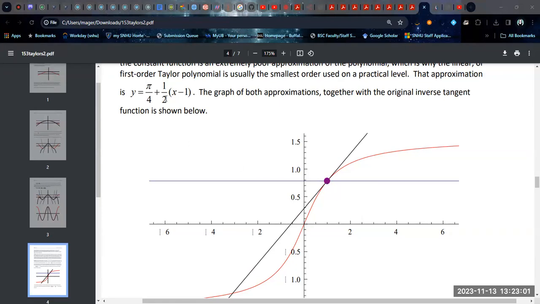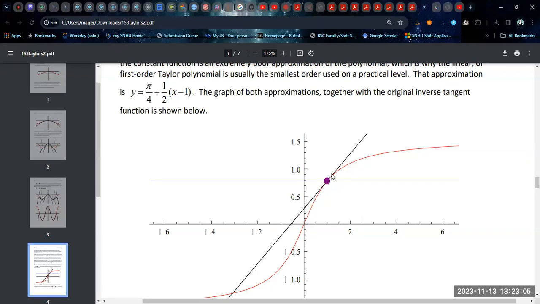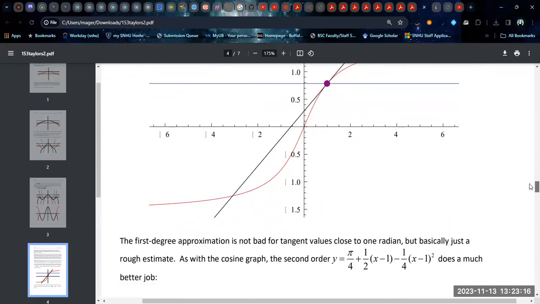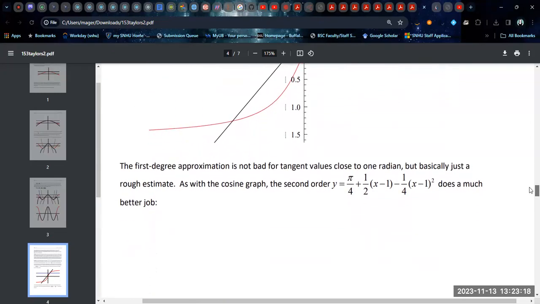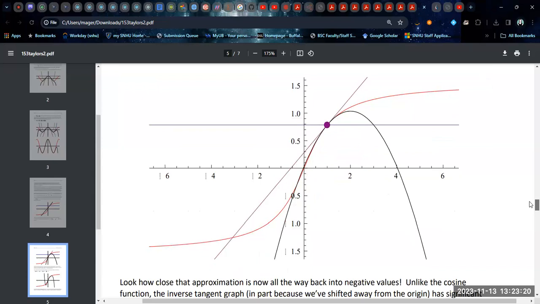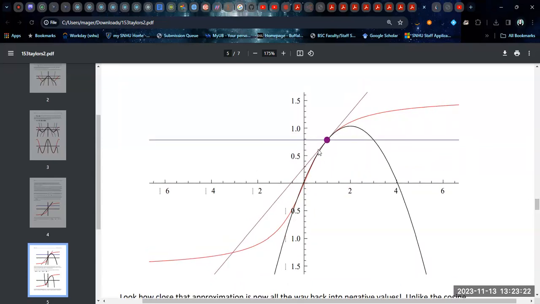But you can see that as soon as I add my linear term, now I stay close to this curve even better. That's essentially the first order linear approximation that we would have done way back in Calc 1. If I add a quadratic term, again, I'm staying closer for further.